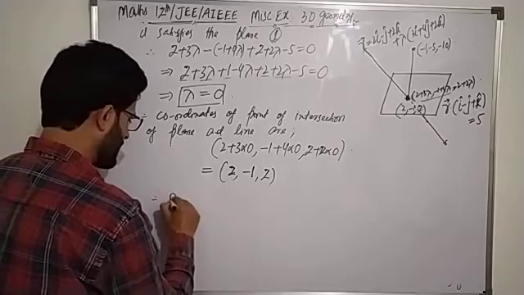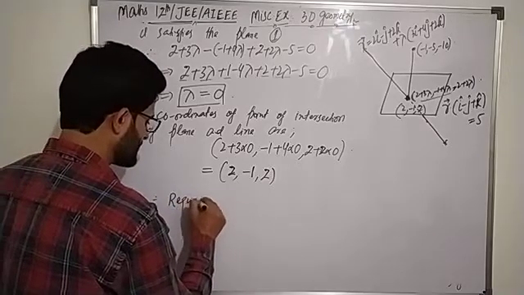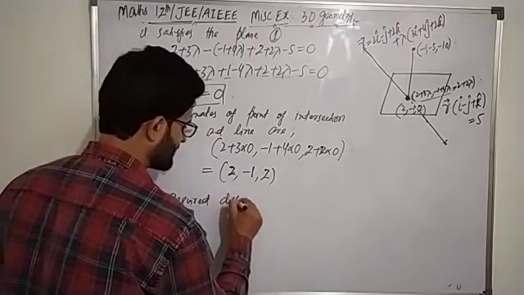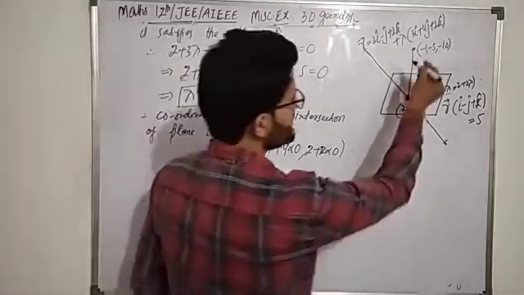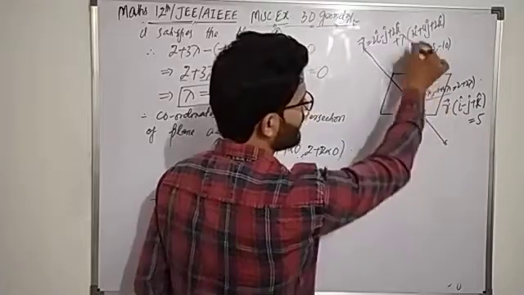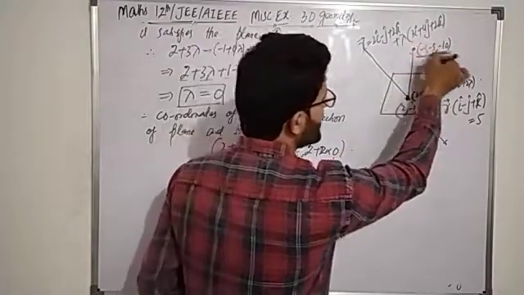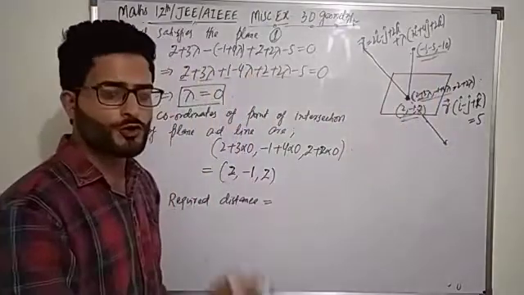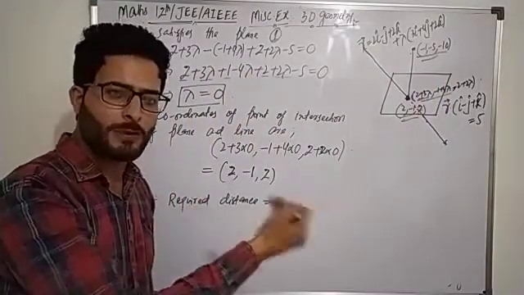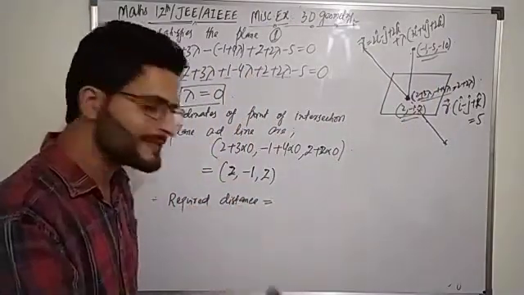Therefore required distance must be equal to, since suppose this is point A, this is point B, we are going to find the distance between 2 points A and B. The distance between 2 points must be equal to square root of x2 minus x1 square plus y2 minus y1 square plus z2 minus z1 square.